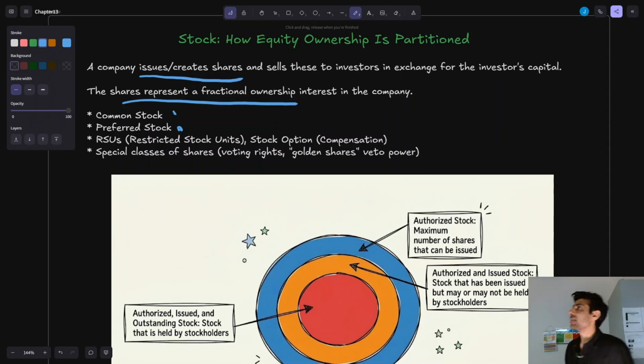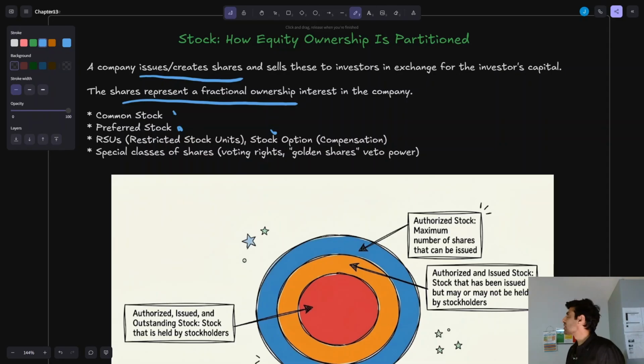This is basically compensation to employees. It's given in the form of, now it's much more common than stock options. Stock options were how it was done maybe 20 years ago, but now RSUs are the more common way that employees who work for a company, instead of cash compensation, are given stock.